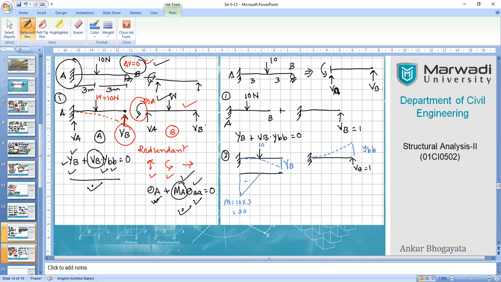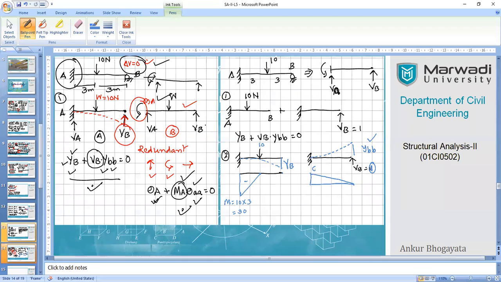So the combined relation of VB into YBB, that will be our equation, right? But we want this value YBB and capital YB, and for that you can draw the diagram of this beam like this. So you have unit value 1, so 1 into 6.